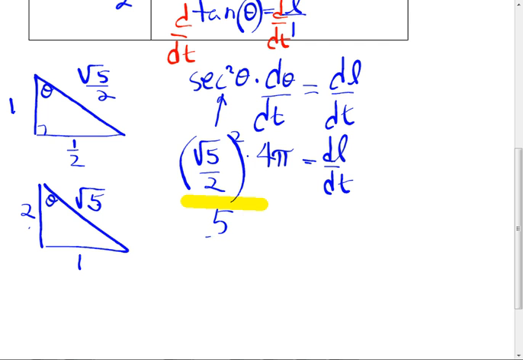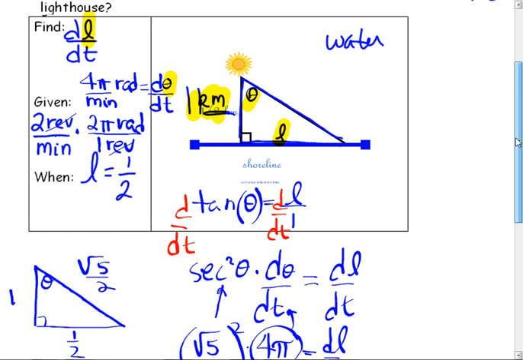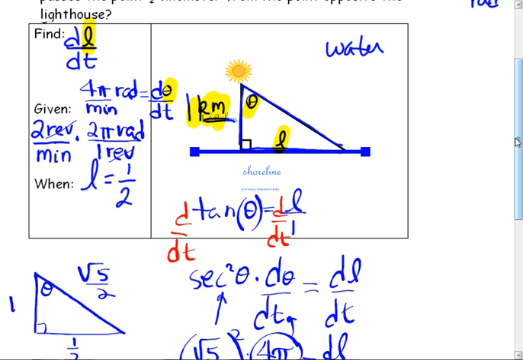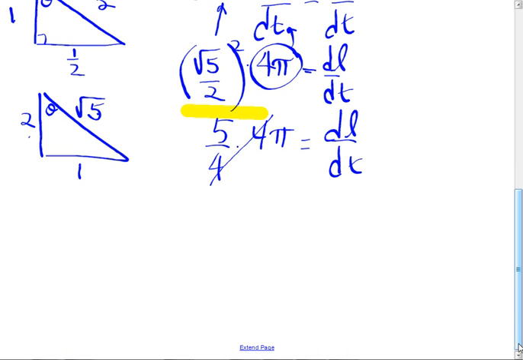It's equal to 5 fourths times 4 pi. You're ahead of me. That's great. dl dt. And what happens to the fours? d theta dt is 4 pi. Remember, go back up to the givens. That was right here. We'll let you try the next one. Correct. So the fours cancel. 5 pi equals dl dt.